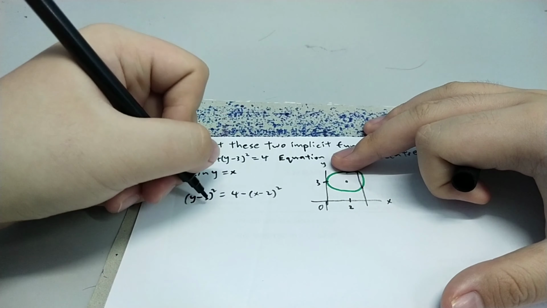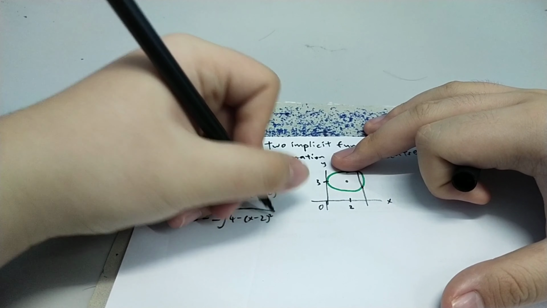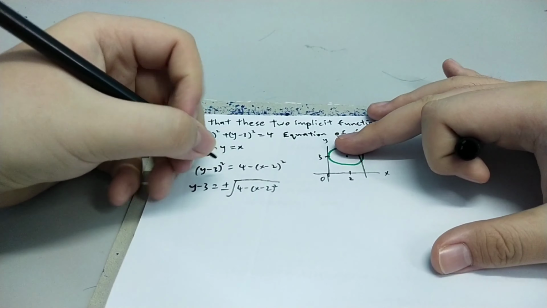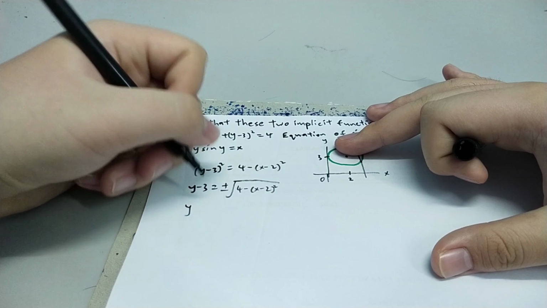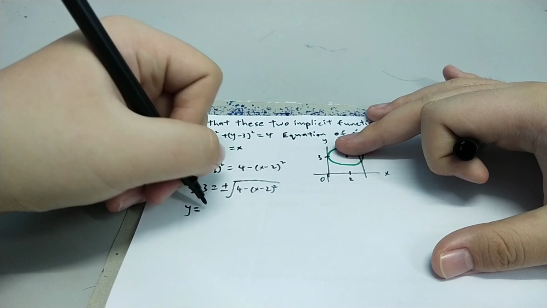So we will get y minus 3 is equal to plus minus the square root of 4 minus (x minus 2) squared. And then finally we just add 3 on both sides, so we get y is equal to 3 plus minus the square root of 4 minus (x minus 2) squared.